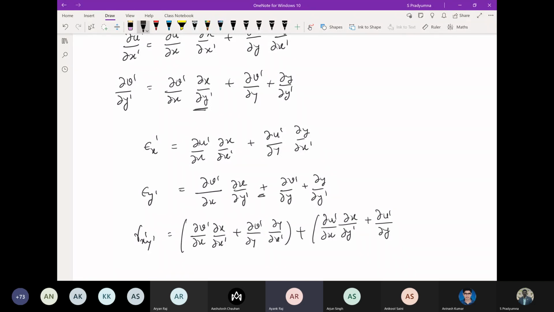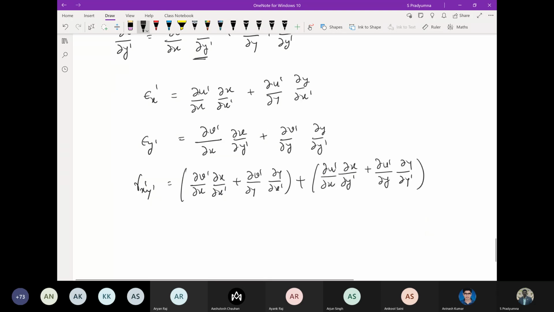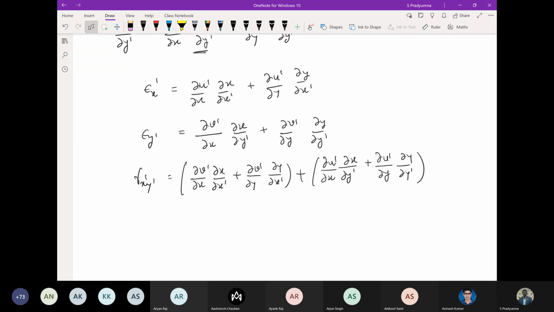This one? Oh yeah, you are right, sorry, yeah, this is correct. That is multiplication. Yeah, I'm sorry. You are right. Dou u dash by dou y and dou y by dou y dash. Okay, so these are the expressions.